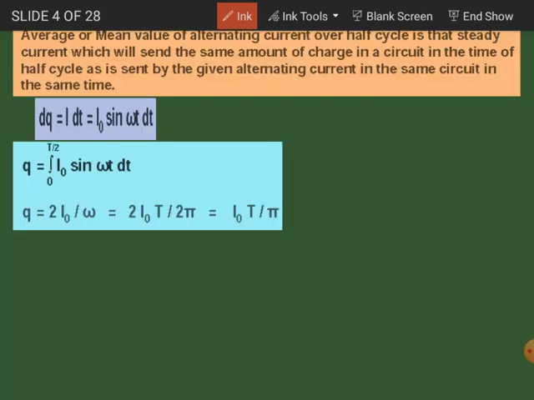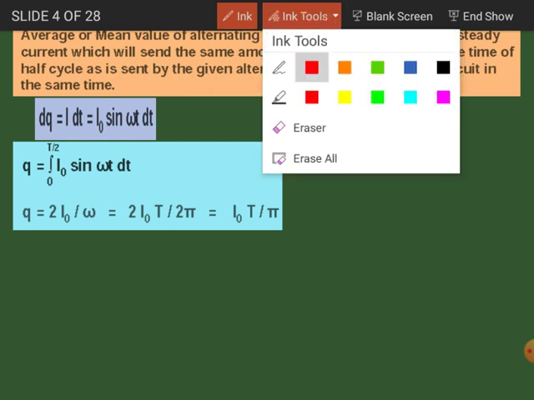The 2 has been cancelled, so there will be no 2. So I naught T by pi.